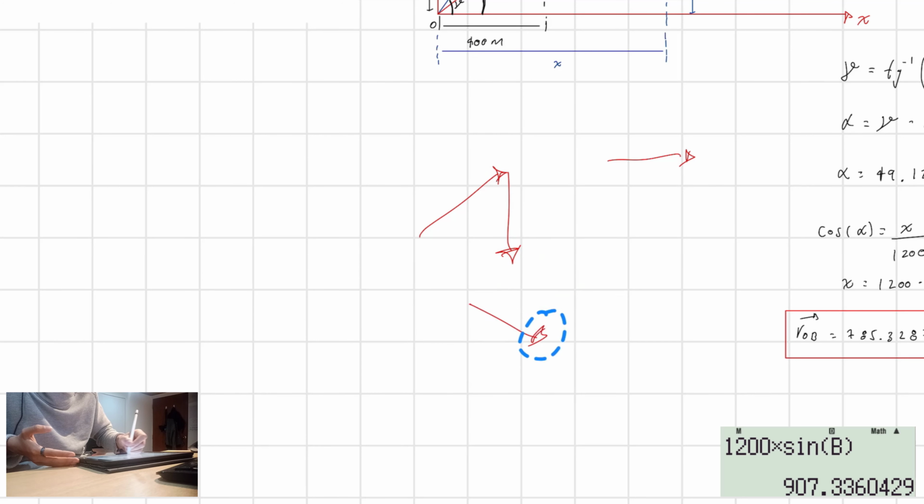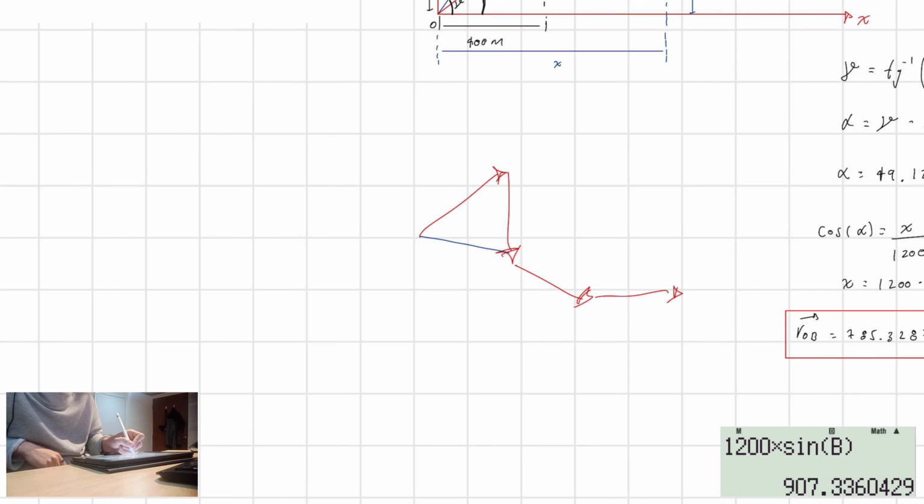The only requirement is that the tail must be touching the head. The tail, the head, the tail with the head. And this solution is going to be the resultant vector between the vectors. The only difference is that that vector is going to be created the other way around. Tail with tail, head with head.